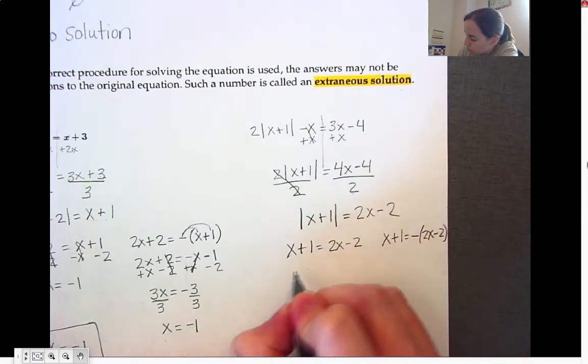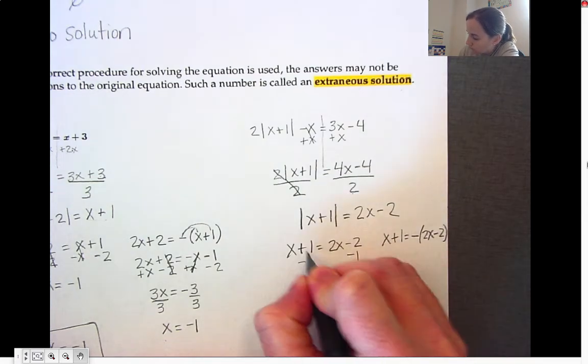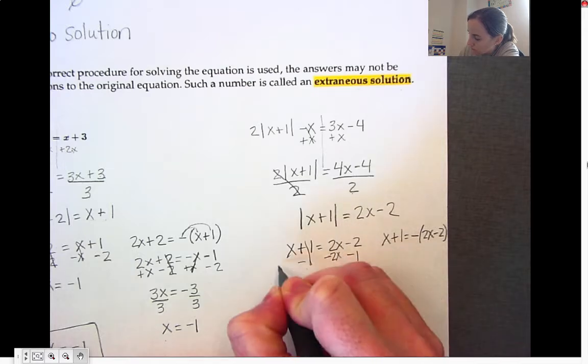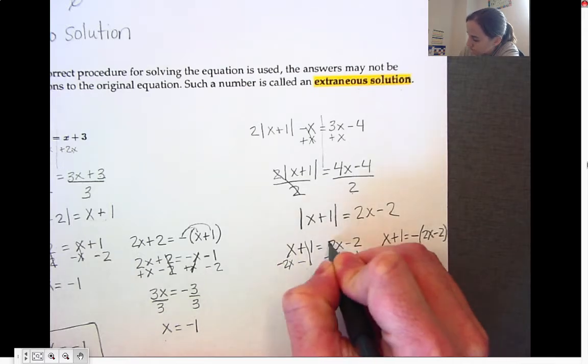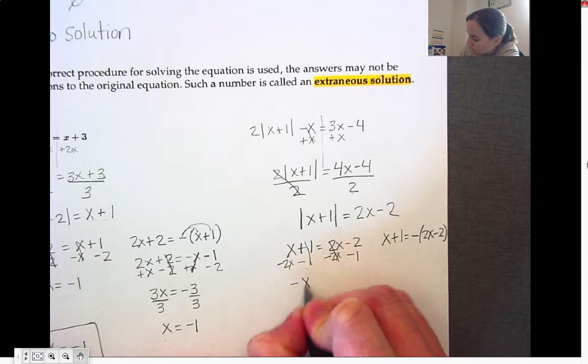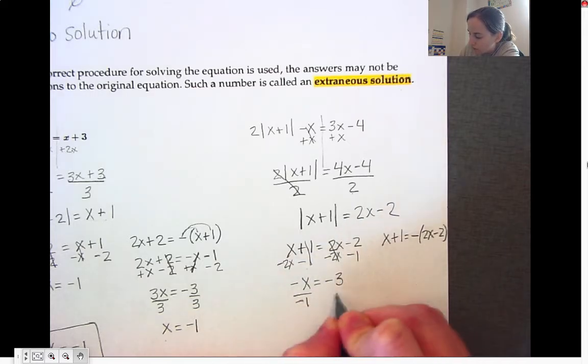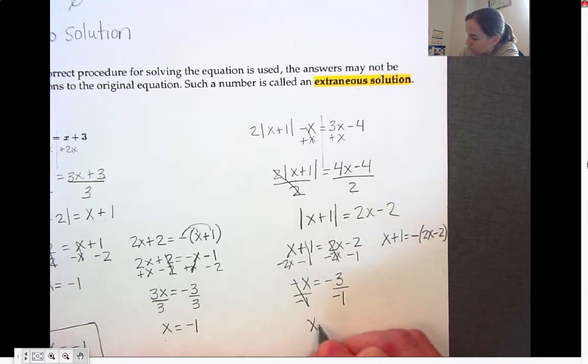Now start moving your terms around. Minus 2x here. So I'll have negative x equals -3. Divide by -1 to get rid of a negative in front of the x. And so x will equal 3.